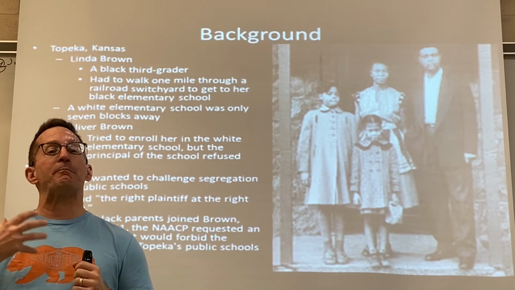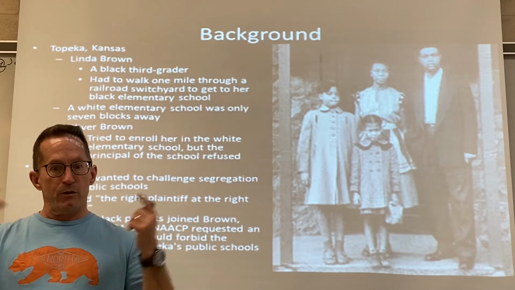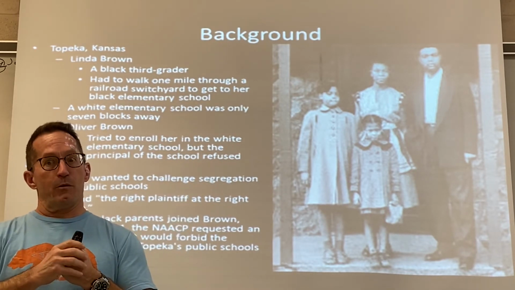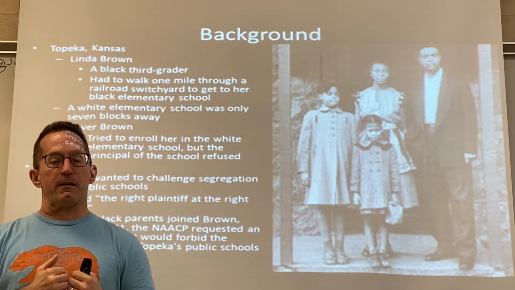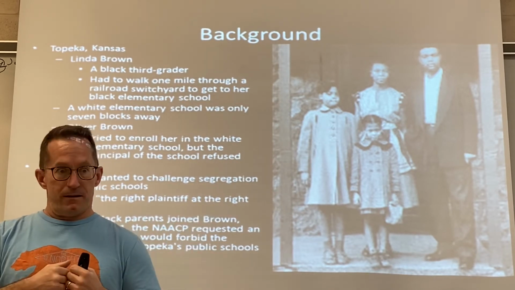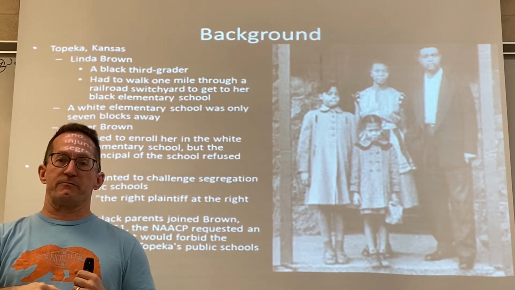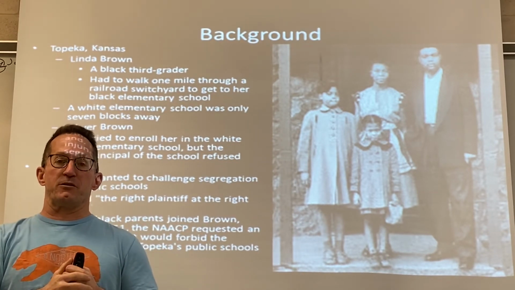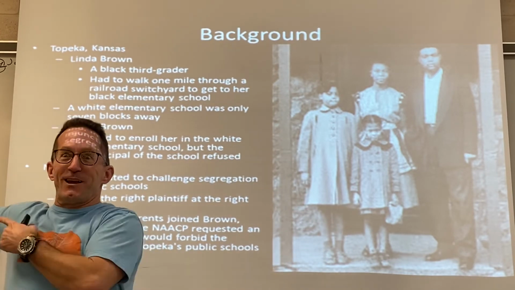Her parents get backed up by this interest group called the NAACP. So the NAACP, which was an interest group that was working for the rights of African American citizens, and a bunch of these families say, okay, we're going to challenge segregation. The first part you have to do is go to that school board and say, I'm 7 blocks away from this school.